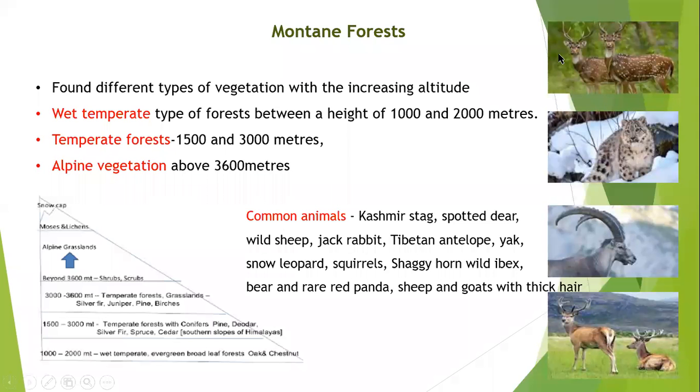So, in these forests, we find different types of vegetation with an increase in altitude. In the wet temperate zone, the type of forest we find between the height of 1,000 and 2,000 meters is the evergreen broadleaf trees like oaks, chestnuts, etc. I like this drawing which is there.